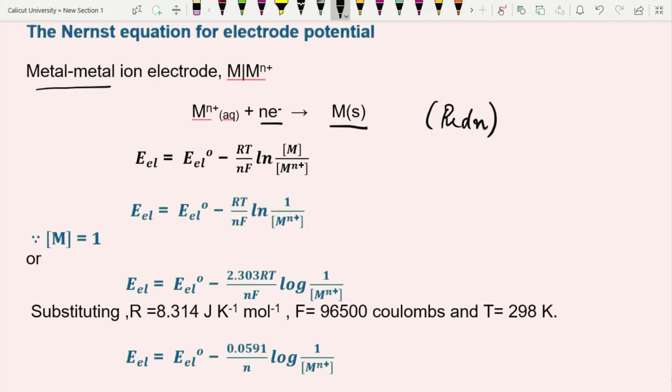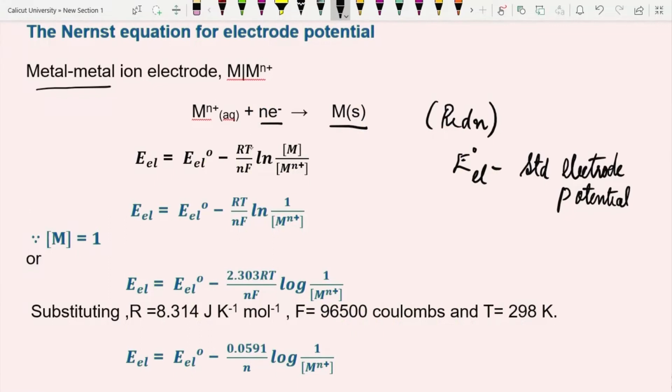Here E naught of electrode, as I have told earlier, is the standard electrode potential of that particular electrode, and remember this has been measured by connecting it with an SHE, minus RT by nF ln.